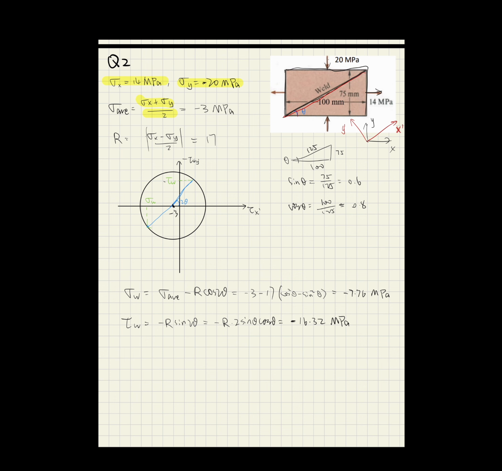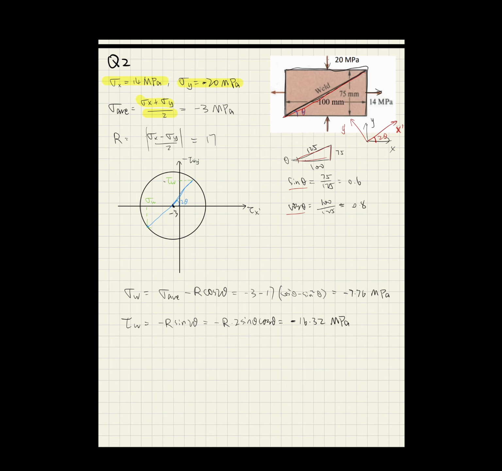If we say this angle is theta, then pay attention: on the Mohr circle, we actually rotate it by 2 theta. And from the graph, we can easily get the sine theta and cosine theta values. We have all the lengths of the sides, so it's pretty straightforward.